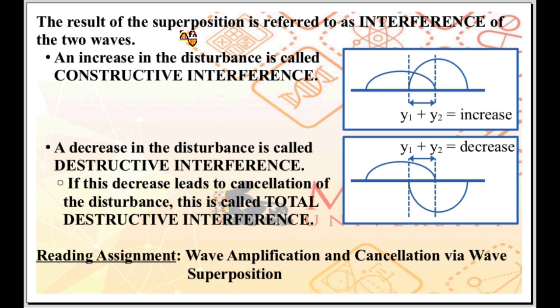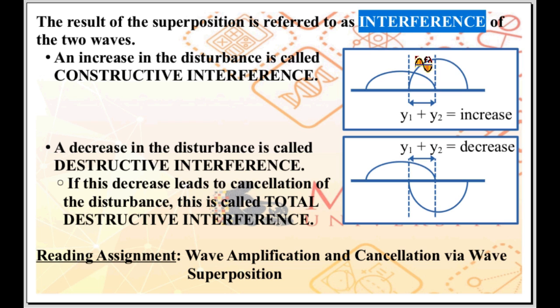The result of the superposition, y net, is referred to as the interference of the two waves. And depending on the overlap, the interference might lead to an increase in the disturbance experienced by the medium, particularly at the points of overlap, or a decrease in the disturbance experienced by the medium.